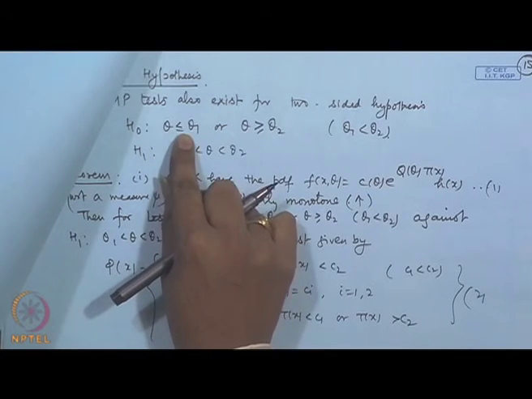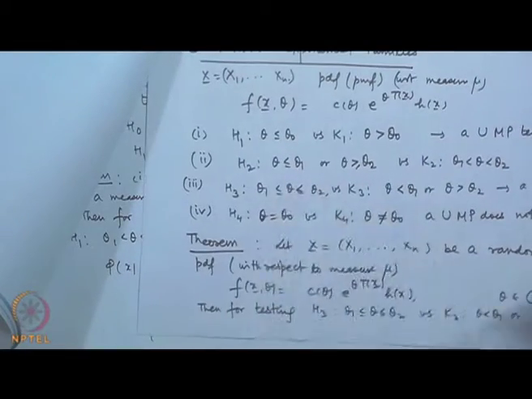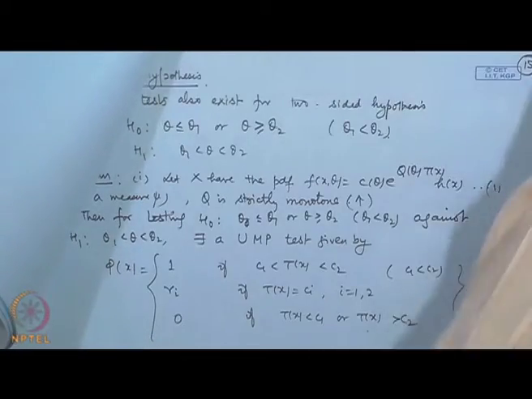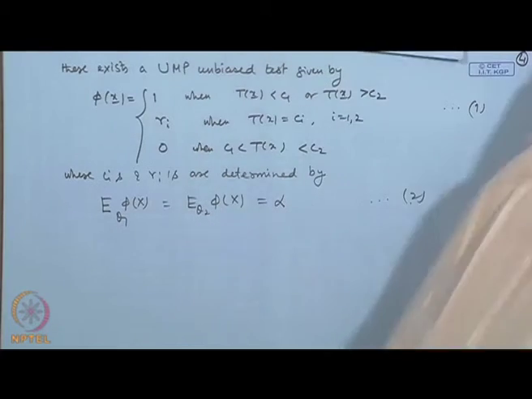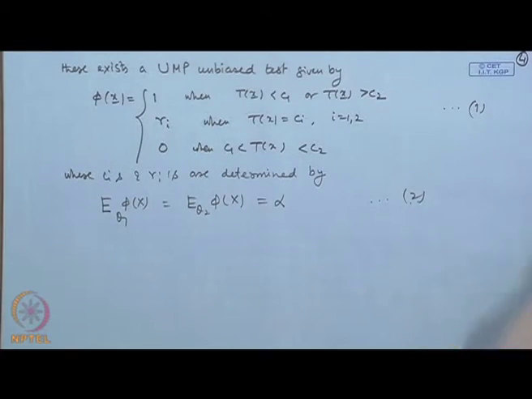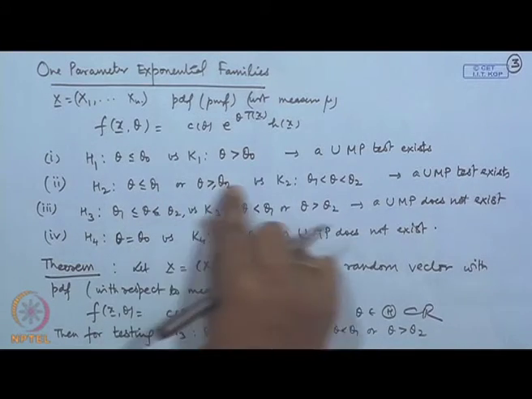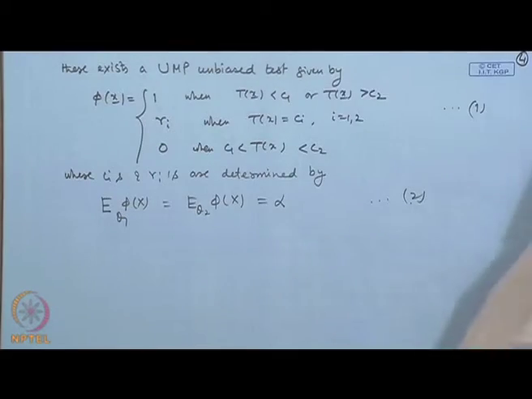For theta less than or equal to theta 1 or theta greater than or equal to theta 2, which I am actually describing as H2, a UMP test was given here. Now, in H3 we are having simply the dual of this H2 here. However, the test is UMP unbiased here.